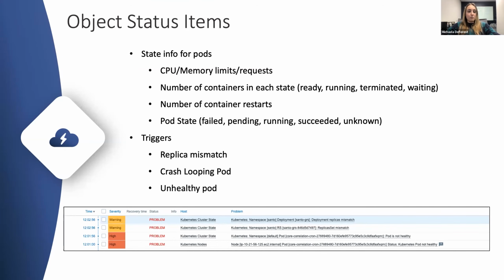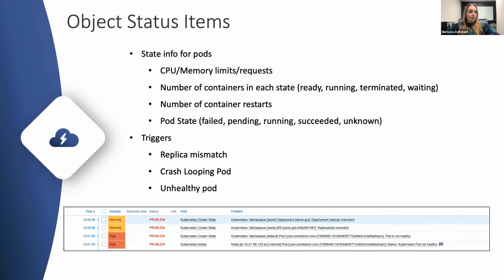Zabbix leverages kube-state-metrics to collect configuration and state of objects in Kubernetes. This includes tracking CPU and memory limits and requests, state of containers, number of container restarts, and pod state.